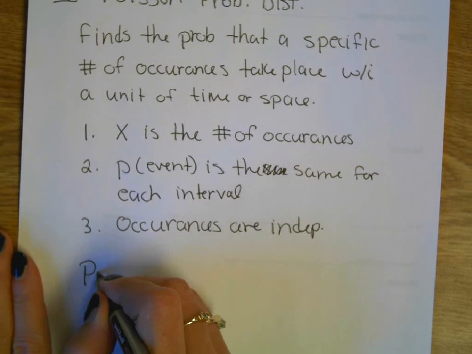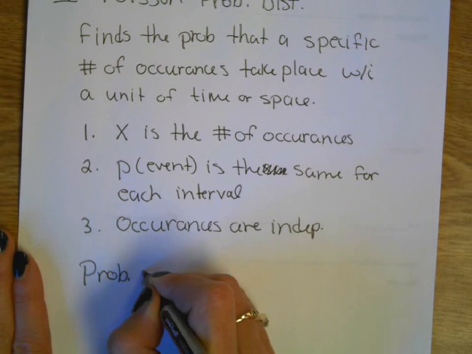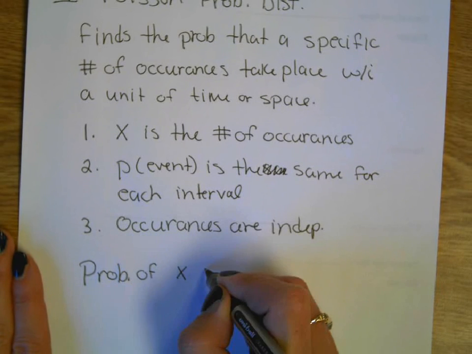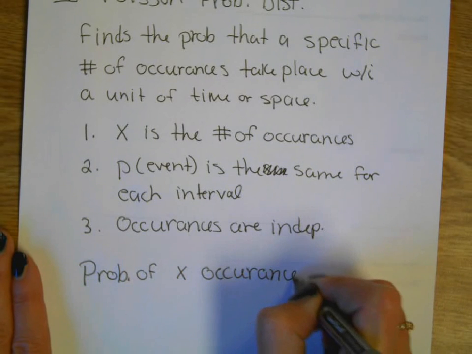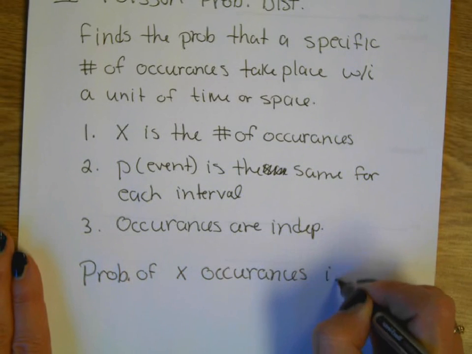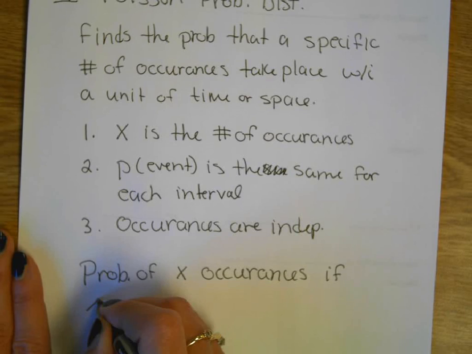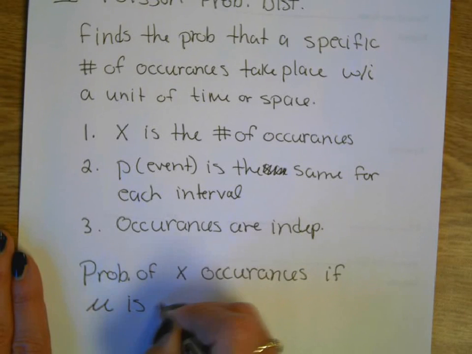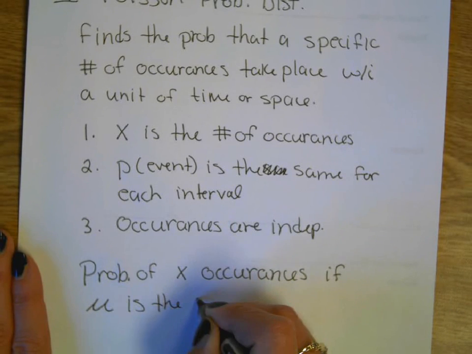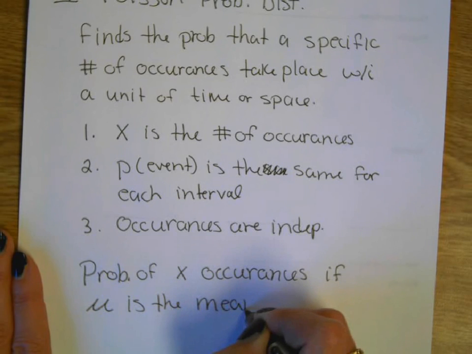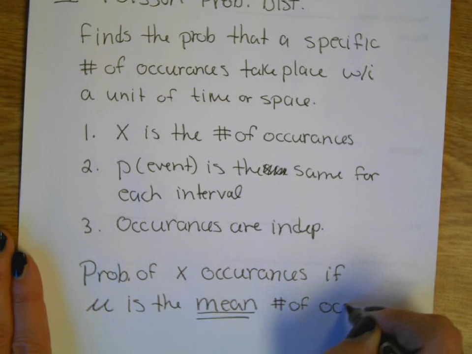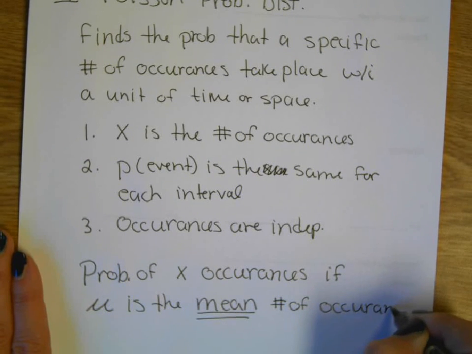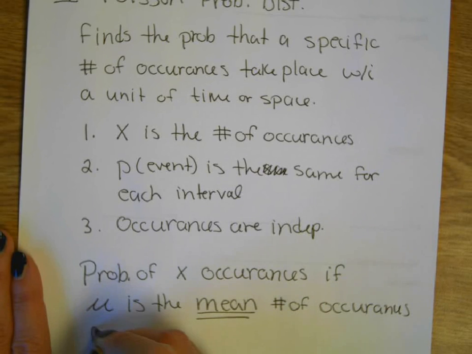So the probability of X occurrences if mu is the mean number of occurrences for the interval.